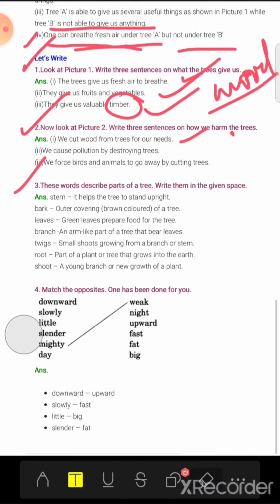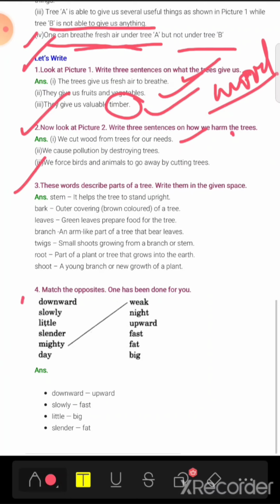Let's come to the first one, downward. The opposite of downward is upward. Slowly means little by little, so the opposite of this is fast. And the opposite words are antonyms.